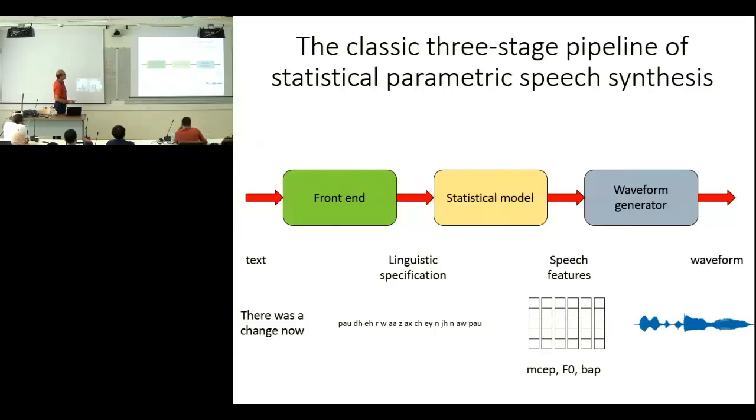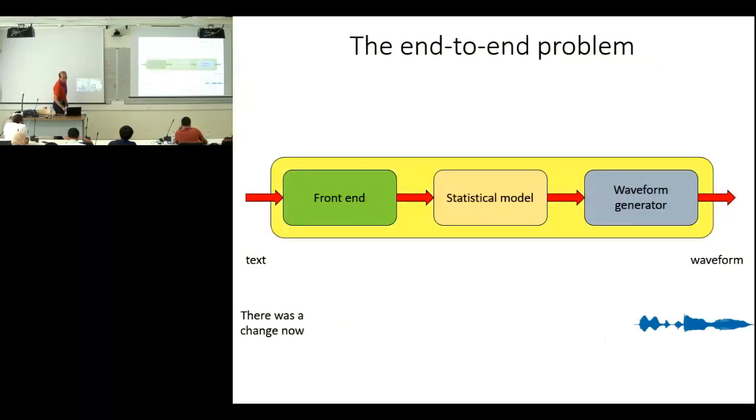The classical pipeline of statistical parametric speech synthesis is that we have the front end, the statistical model, and the vocoder. The end-to-end problem is to create a system that combines all that into one module so that the input has to be text and the output waveform.